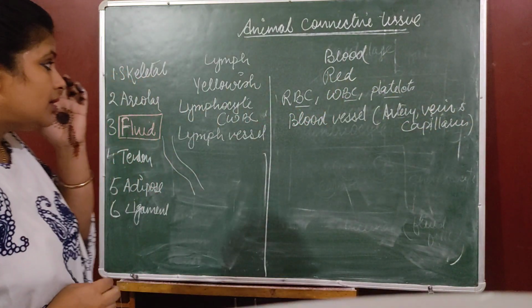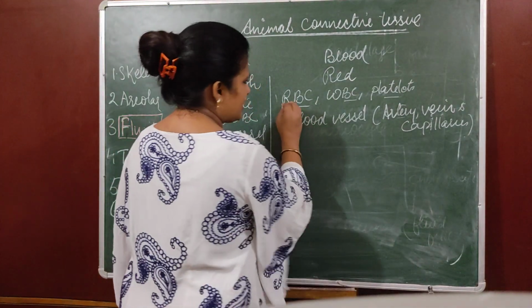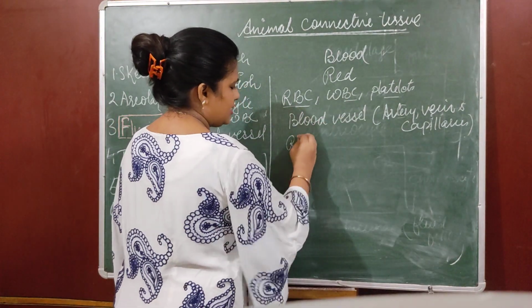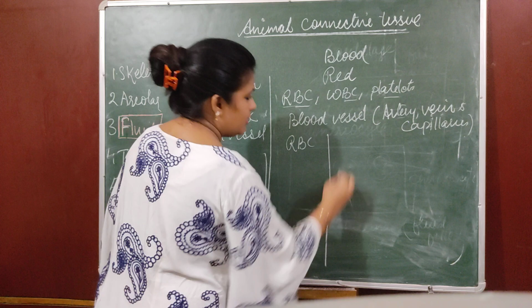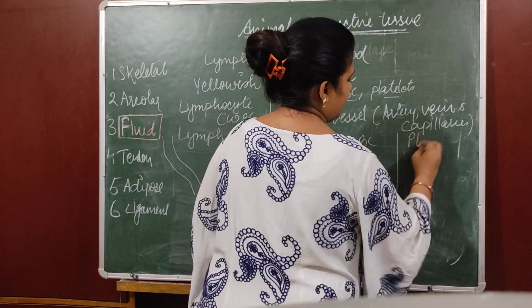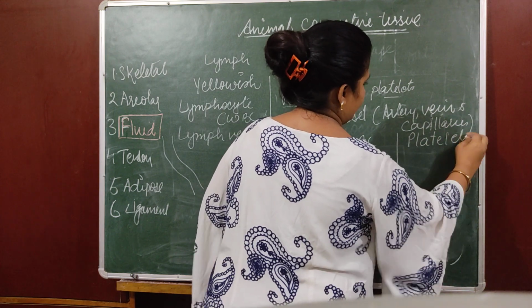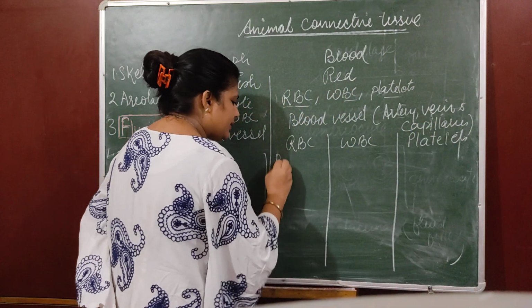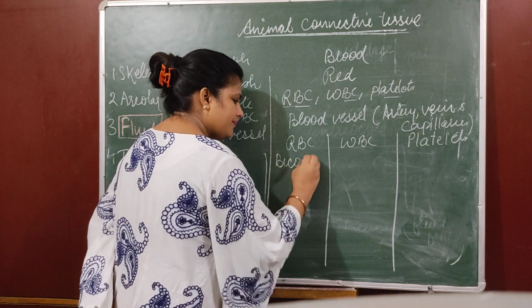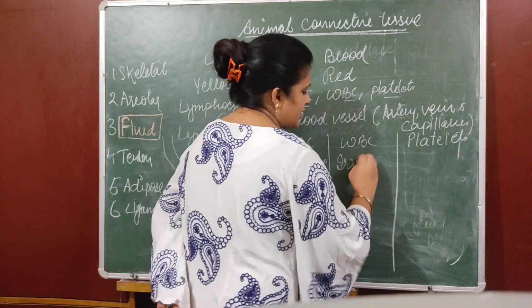Okay. So you have to do almost all of this, but let's understand the difference between RBC, WBC, and platelets. RBC is biconcave in shape, and this is irregular in shape.